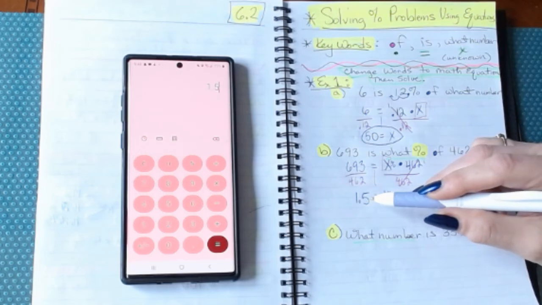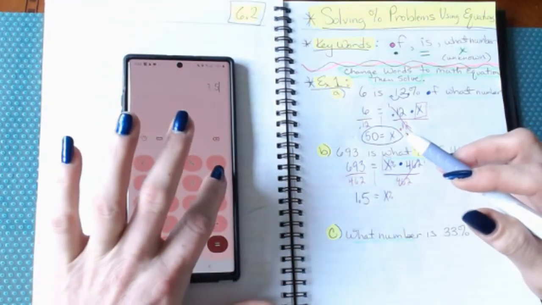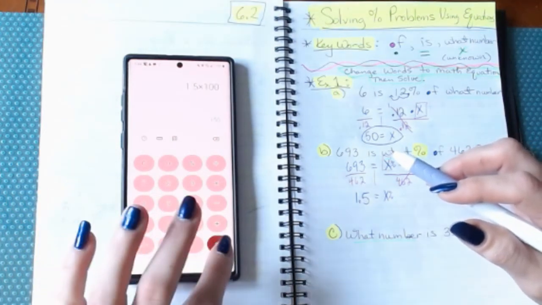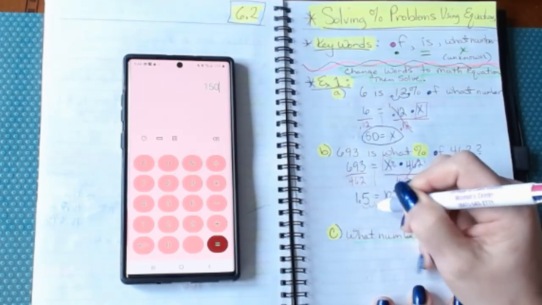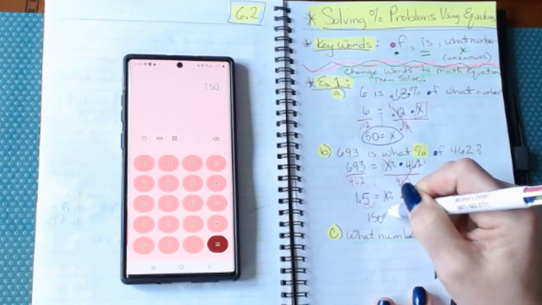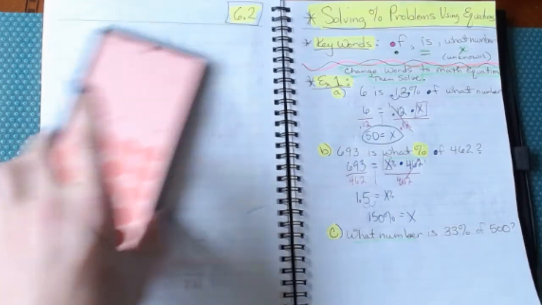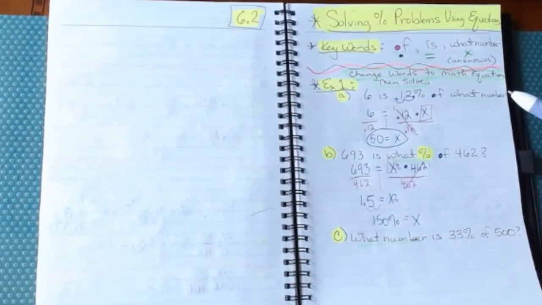So what's our step to changing a decimal to a percent? We have to multiply that decimal by 100, or in other words, move our decimal 2 places to the right towards the percentage sign. So this is really 150%, the percentage that we were looking for in this problem.